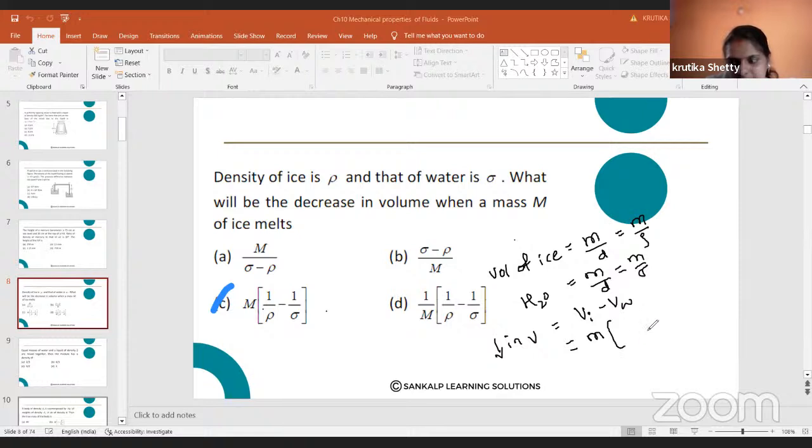So inside the bracket it is 1 by rho minus 1 divided by sigma. Yes. So option C is correct here. Yes, option C is the correct one. So 2-3 students got the answer. That is option C. It is right. Okay. Let us go for the next question.